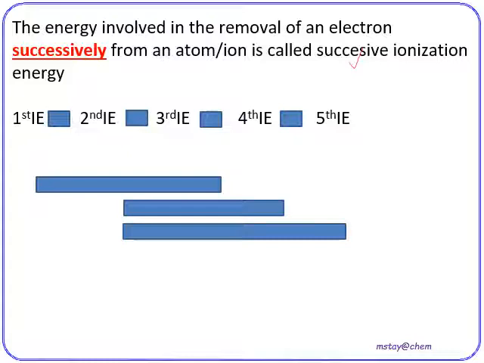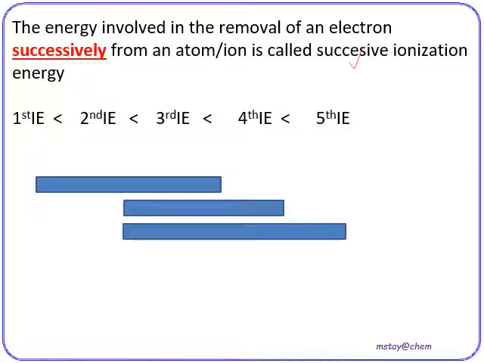Generally the energy required to remove the first and second electron will be different, where the second IE will be higher than the first IE, the third IE higher than the second IE, the fourth IE higher than the third IE, and the fifth IE higher than the fourth IE as well.